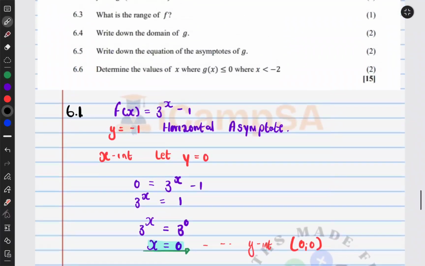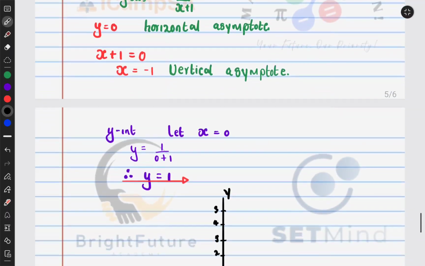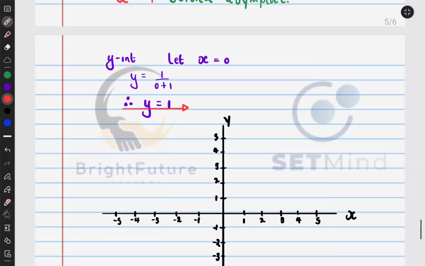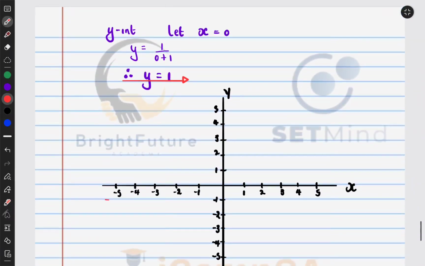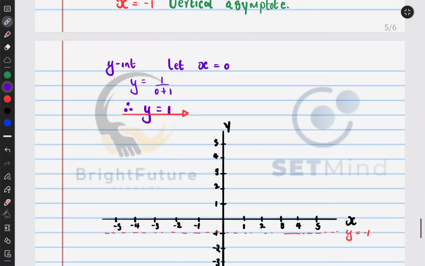Okay, let's start by sketching the exponential function. It has the horizontal asymptote at y is equal to -1. That's the horizontal asymptote, y is equal to -1 for the exponential function, and then it has the x and the y intercepts at the origin.